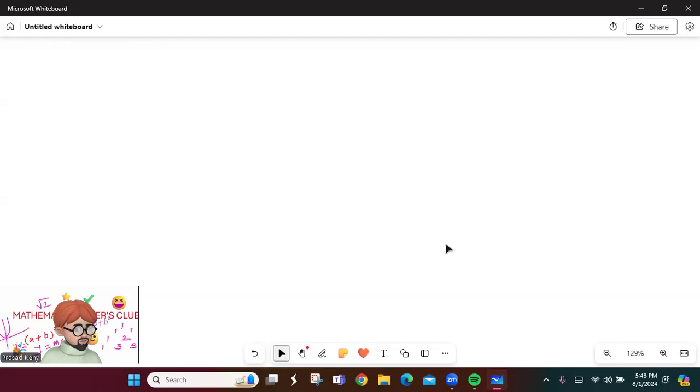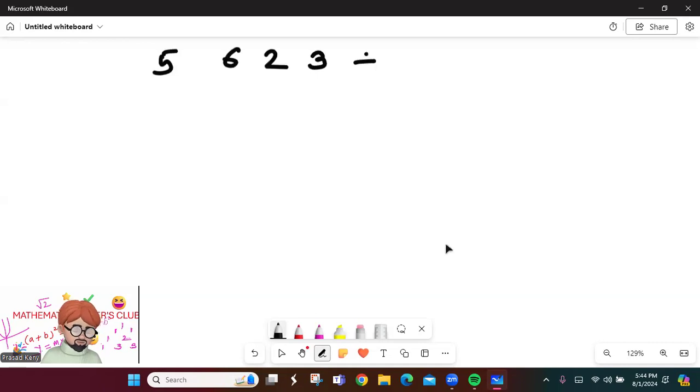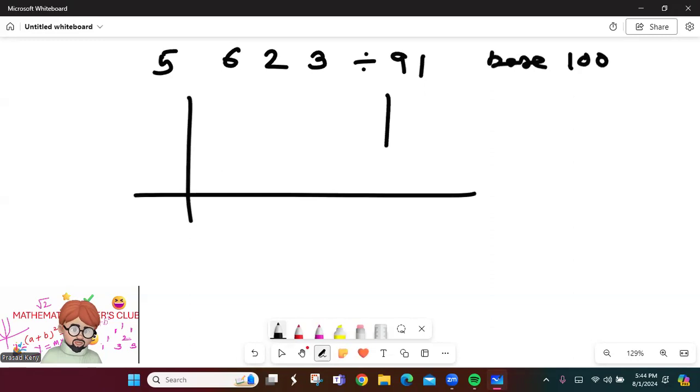Now let me take one more problem on this method. I'm going to divide 5,623 by 91. So again, for 91, the standard base will be 100. So I'm going to write the last two digits in the remainder column, 5 and 6 in the middle part of the table.